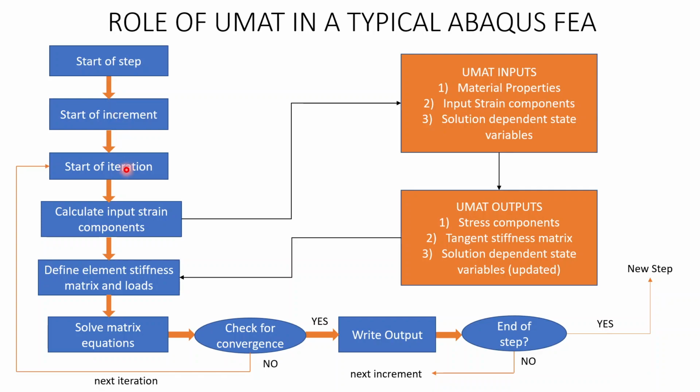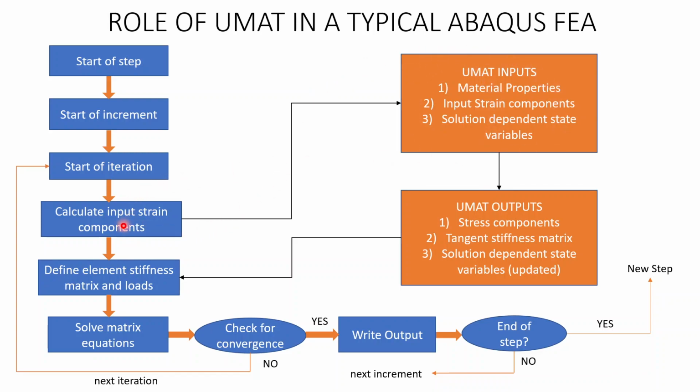Inside the increment we may have multiple iterations depending on whether equilibrium is achieved or not. Once the iteration starts, the input strain components are calculated based on the strain displacement relations. The next step is where the element stiffness matrix and loads are defined. In between these two steps is where the role of UMAT comes in.